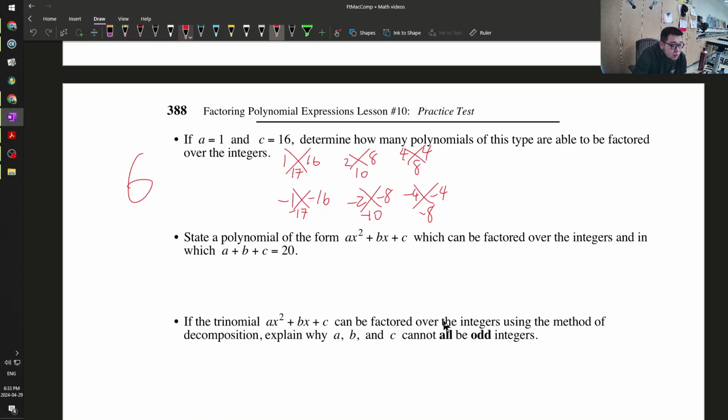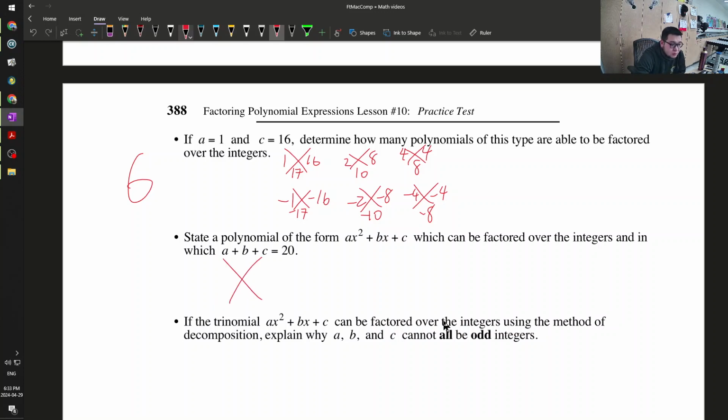Okay, state a polynomial in the form ax squared plus bx plus c, which can be factored over integers and has a plus b plus c equal to 20. As long as the diamond puzzle works, this will have a solution.